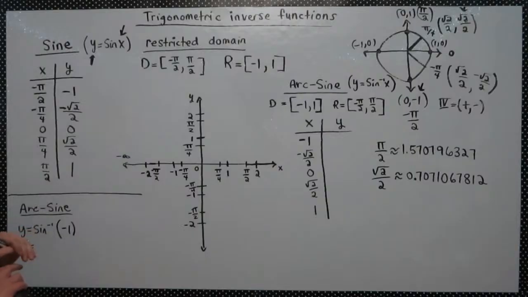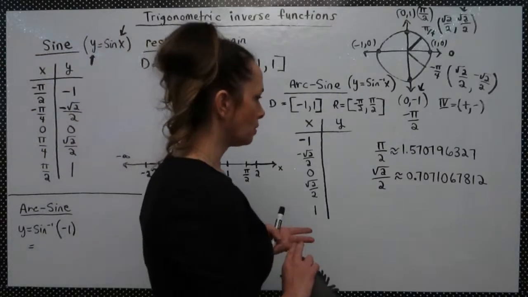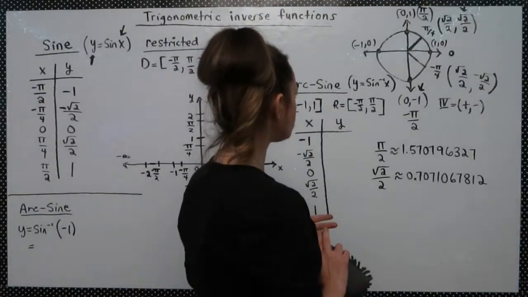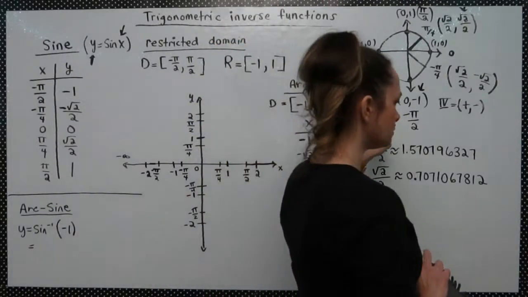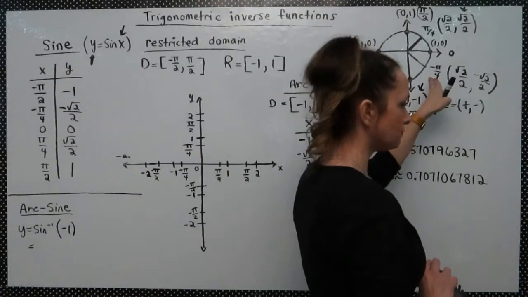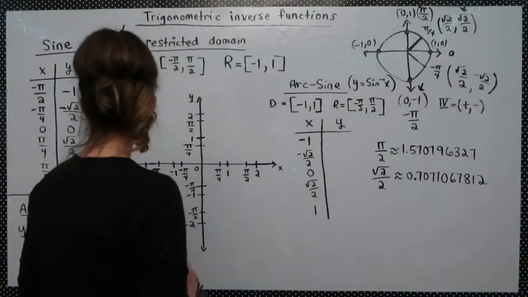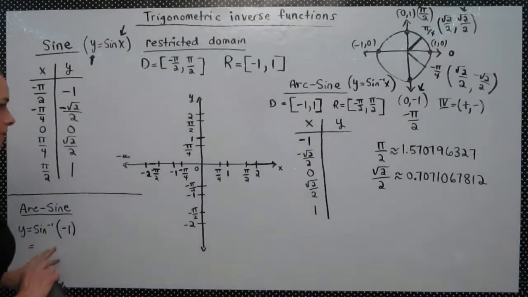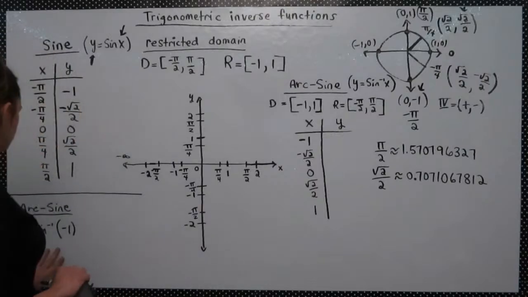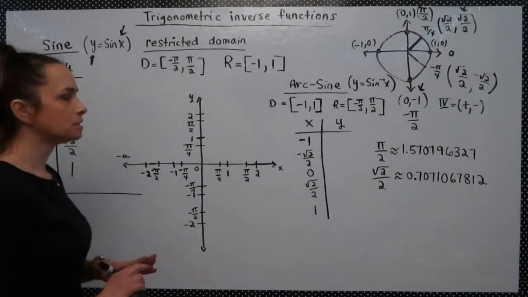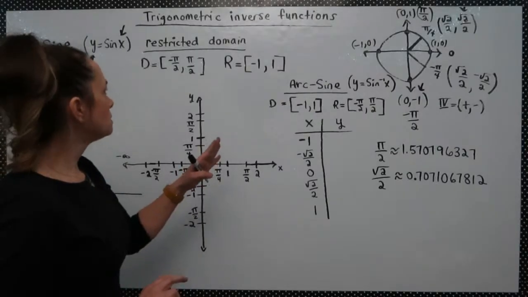However, since you have a restricted domain, it's only going to return an angle between -π/2 and π/2, essentially only existing in the first and fourth quadrants. So this Arc-Sine only exists in quadrant 1 and 4.